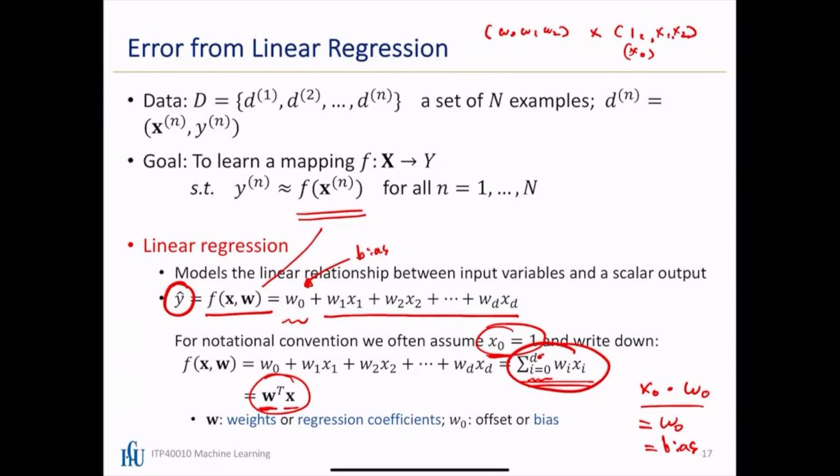Multiplying these directly, the dimensions don't match, so you want to take the transpose. The notation should be something like this. And w, although I already called this a weight, its name is weight or sometimes the regression coefficient.